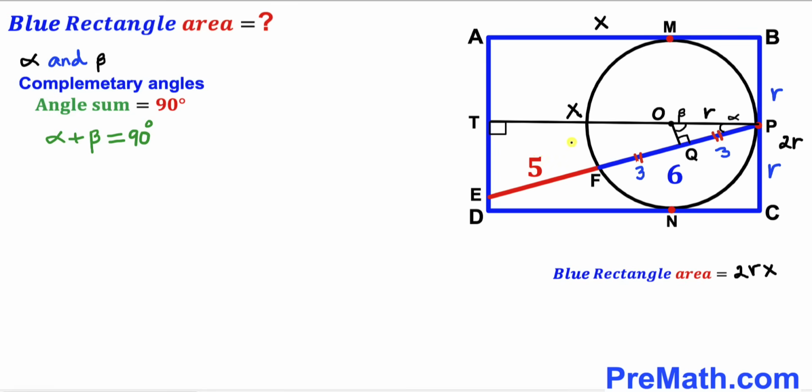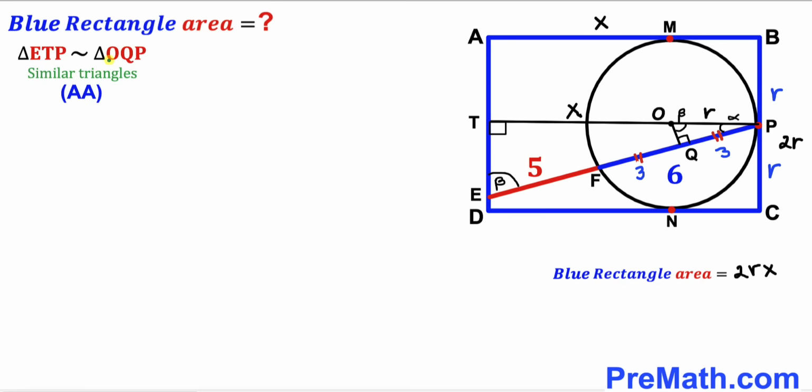Now let's focus on this bigger right triangle ETP. We know this is our angle alpha, this is our 90 degrees, so this angle has got to be our angle beta. Therefore we conclude that these two right triangles, triangle ETP and triangle OQP, are similar triangles according to the angle-angle similarity theorem.